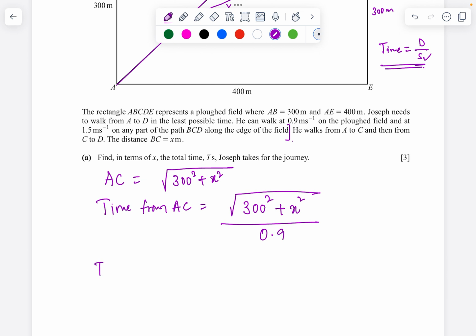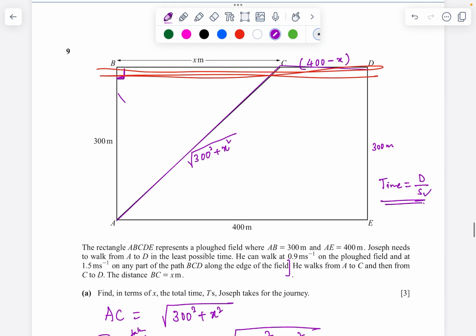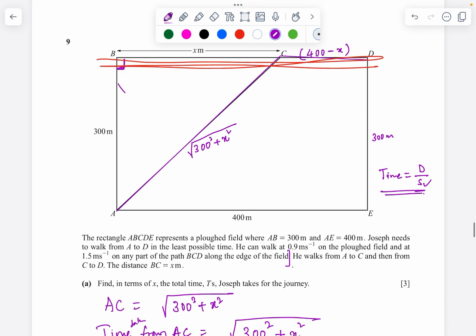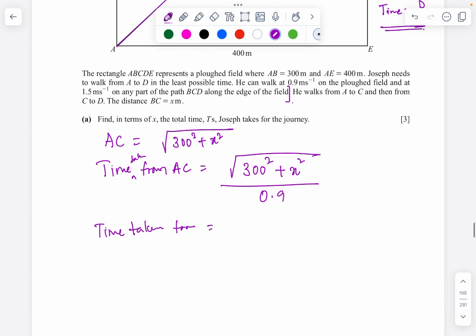Now the time taken from C to D, because he's traveling from A to C and C to D. What is the distance? 400 minus x, divided by the speed, which on any part of the path BCD is 1.5.